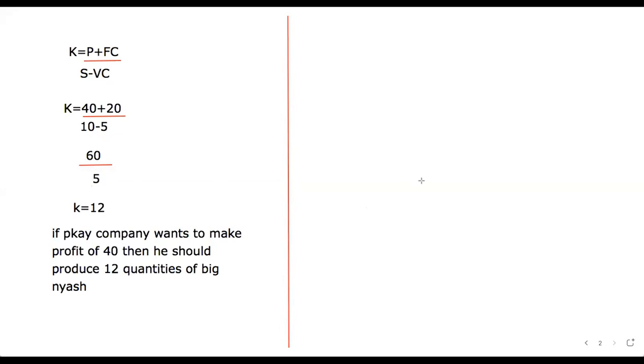Do you get it now? So meaning quantity is 12. Yeah, quantity is 12. Okay, I get the point now.